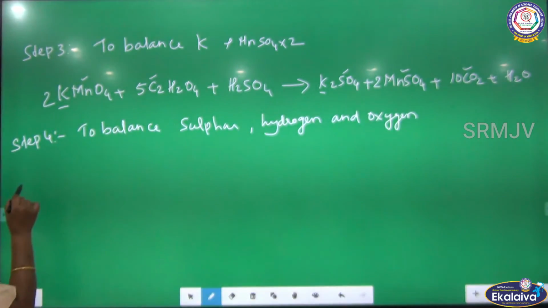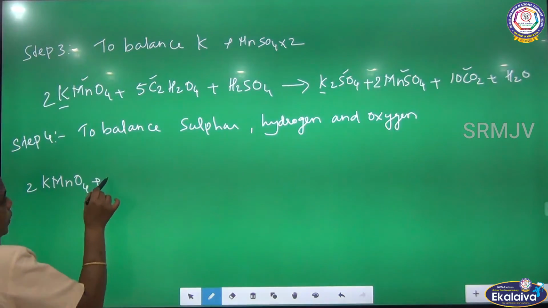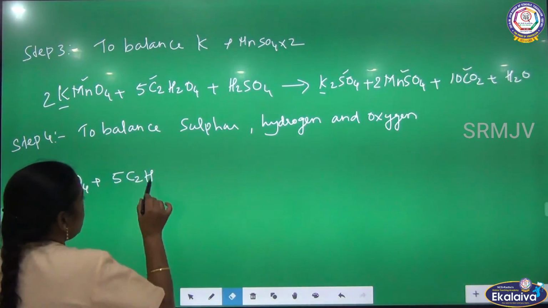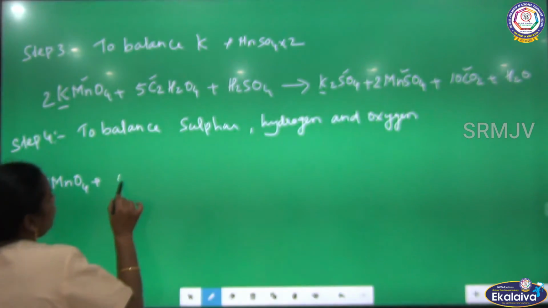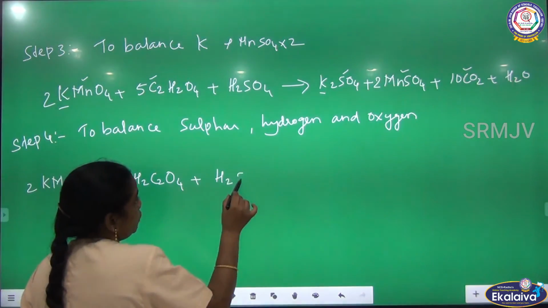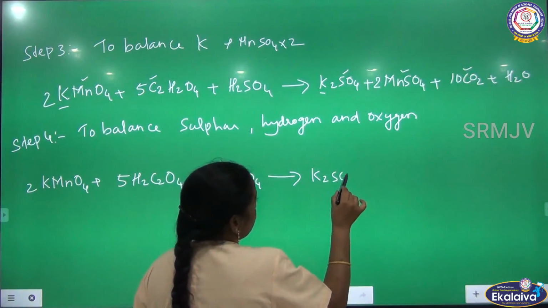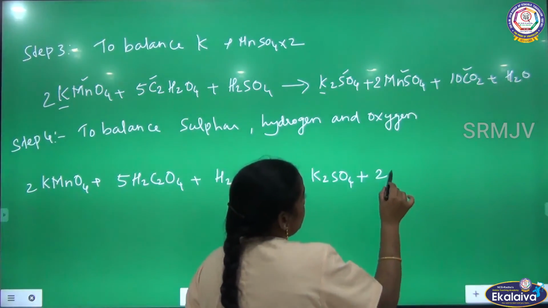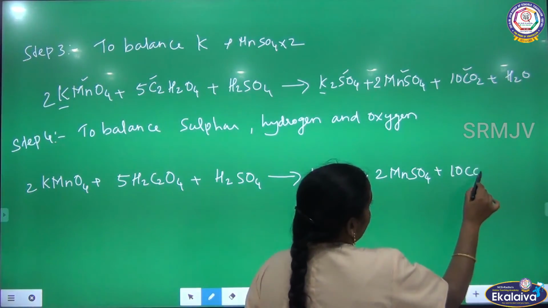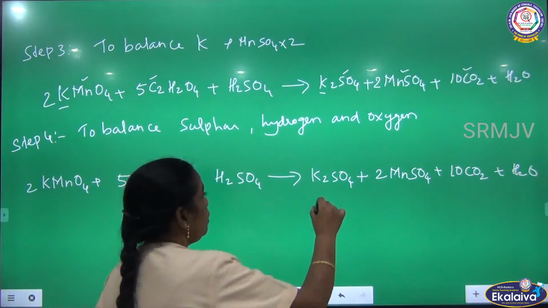So now you first write the equation: 2 KMnO4 plus 5 H2C2O4 plus H2SO4 gives K2SO4 plus 2 MnSO4 plus 10 CO2 plus H2O. Now first we want to count, because these are all balanced ones.